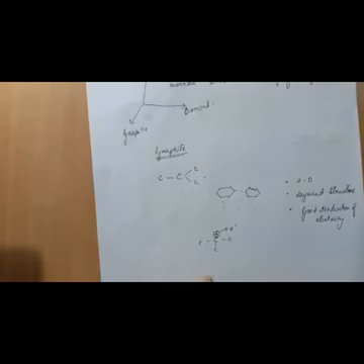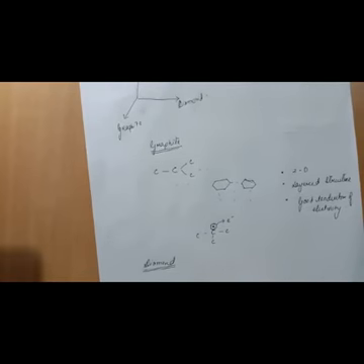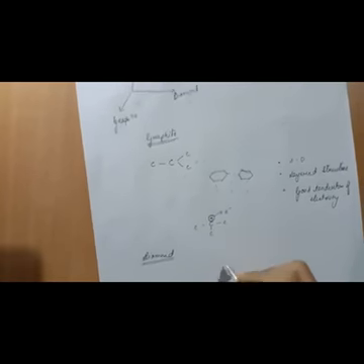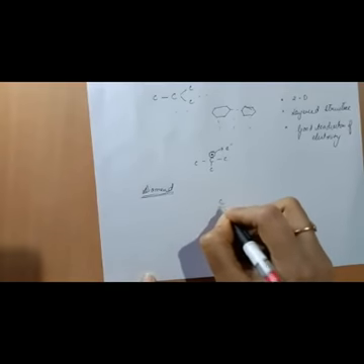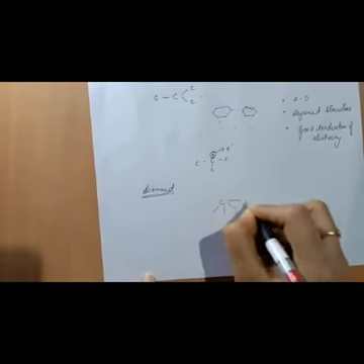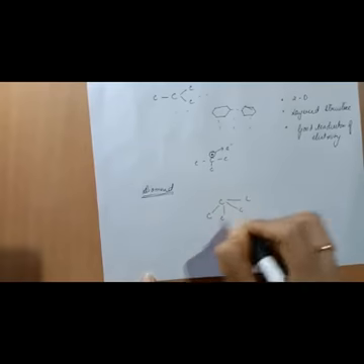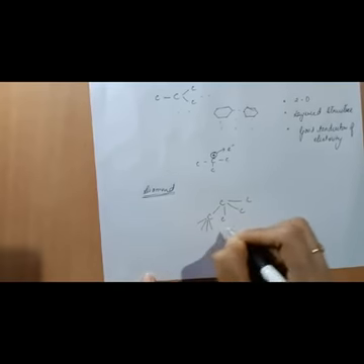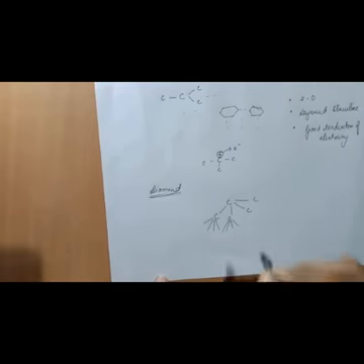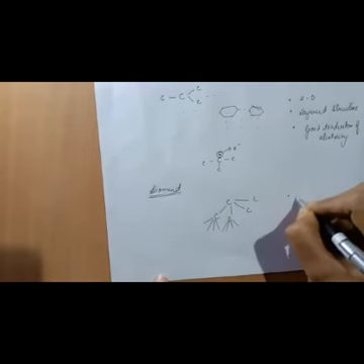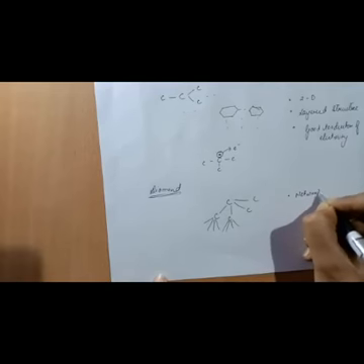Diamond is another allotrope of carbon. Here 4 carbons are attached to 1 carbon, and this forms a network like structure.